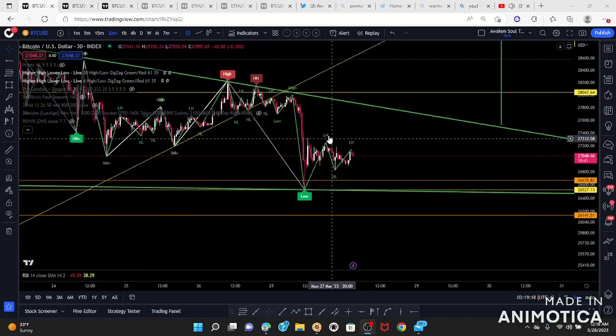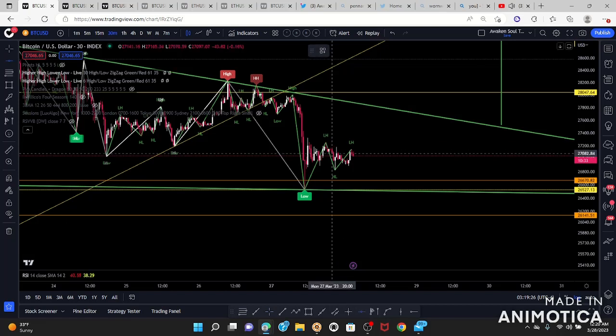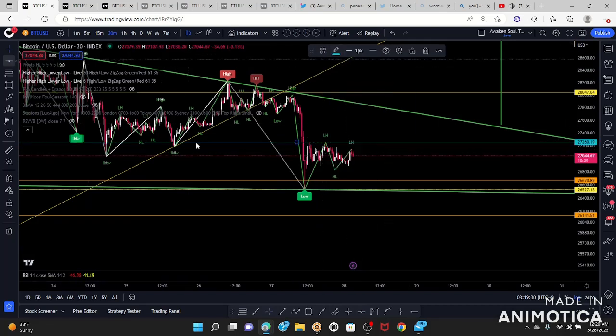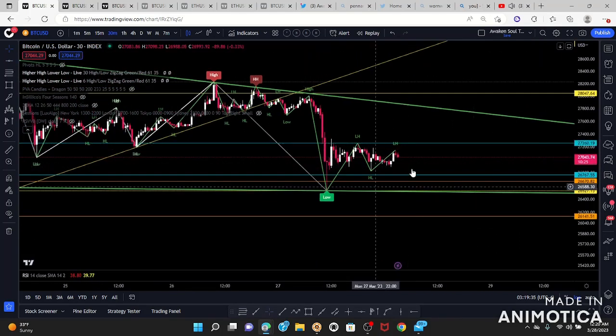Okay, now that I turn on my higher high, lower low, I'm just gonna set my range, right, within the 30 minute. This is gonna be my high. This is gonna be my low. I'm gonna connect some trend lines again, just focusing on this section.